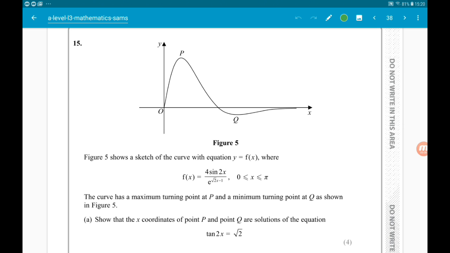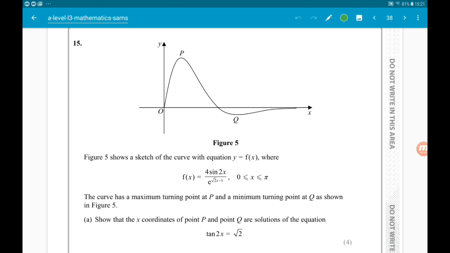So figure 5 shows a sketch of the curve with equation y equals f of x, where f of x is equal to 4 sine of 2x over e to the root 2x minus 1, for x between 0 and pi.